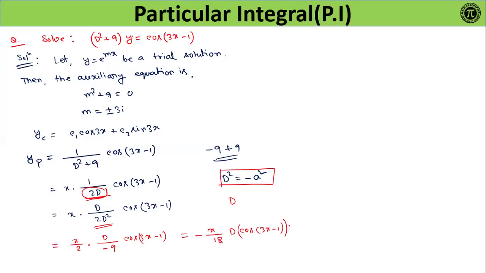D means derivative, so this is minus x by 18, and D of cos 3x minus 1 is, the derivative of cos is minus 3 sin 3x. So minus minus plus, 3 into 6 is 18, so this will be x by 6 sin 3x minus 1. Is it clear? This is your particular integral.